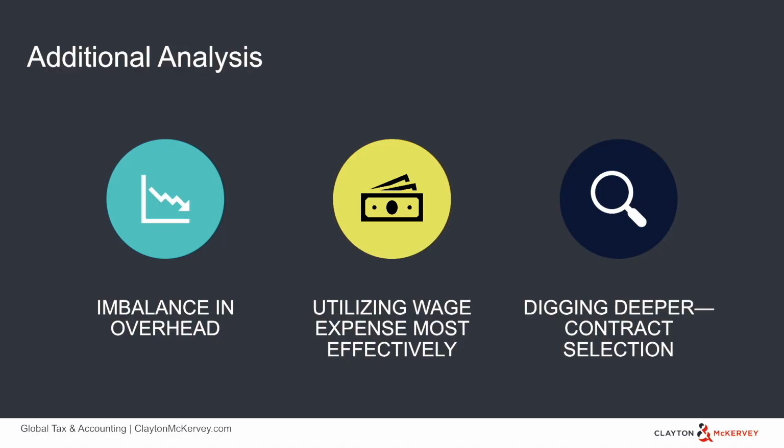But be careful. Make sure you ask and answer some of the following questions or identify some of the following levers that can be pulled to give a more in-depth look first. For example, is there an imbalance in overhead? Is our 60% utilization at Company A due to a result of a significant number of non-billable employees?